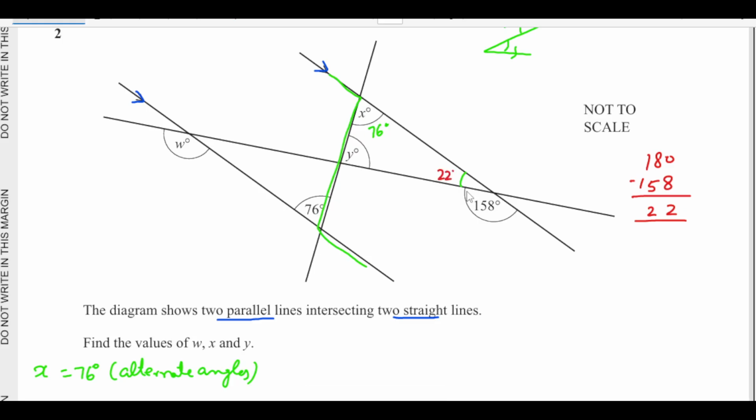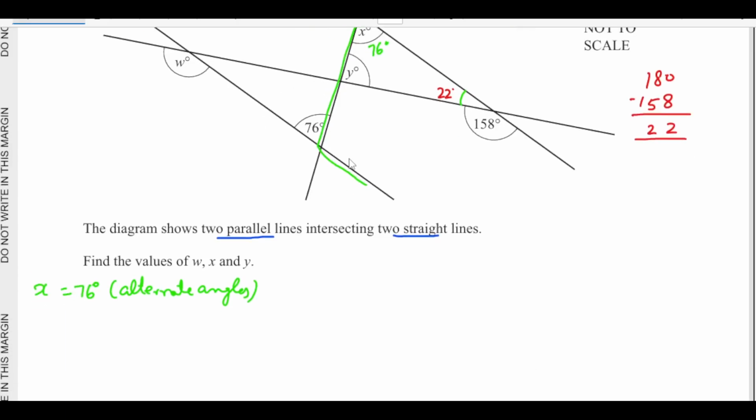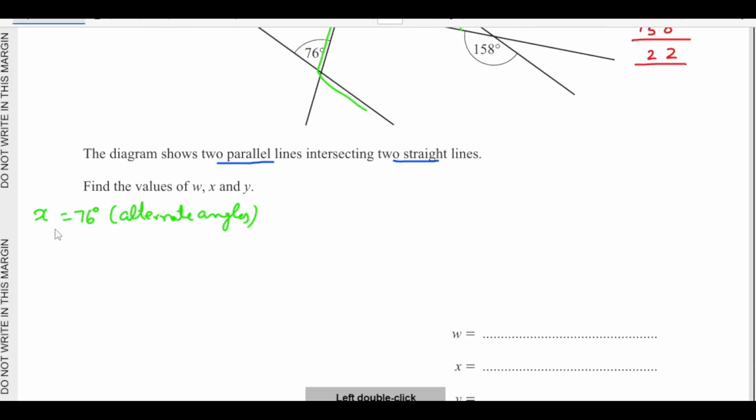Once we have this angle, we can find this angle y. x plus y plus 22 is 180 because they are the angles of a triangle that add up to 180. So x is 76, y we are looking for and 22 we already have.